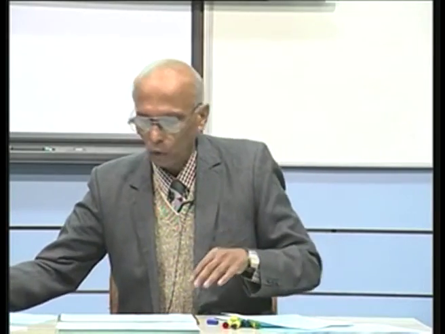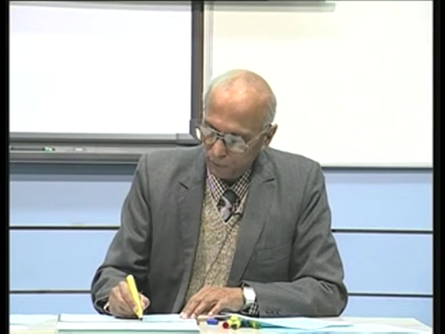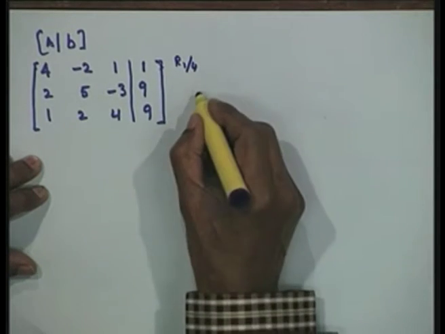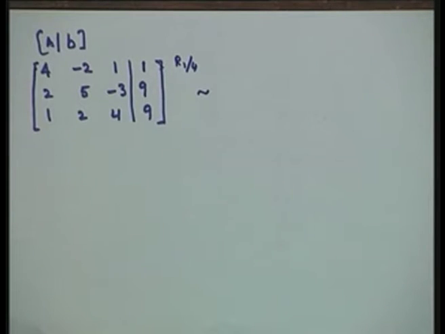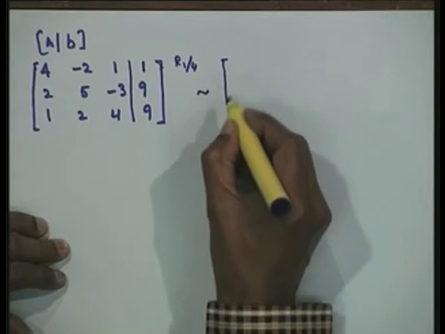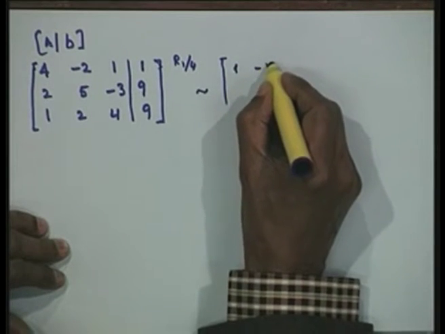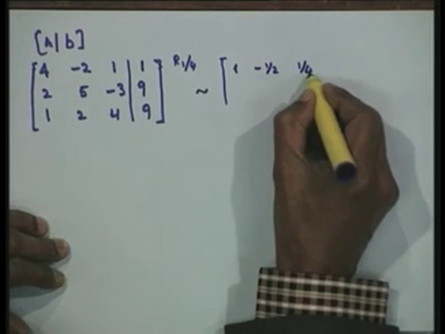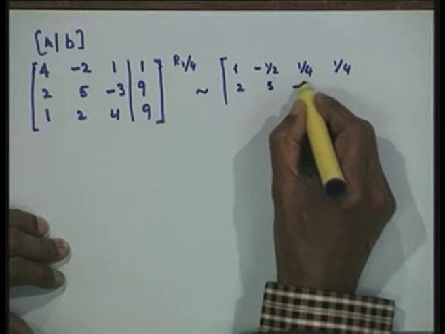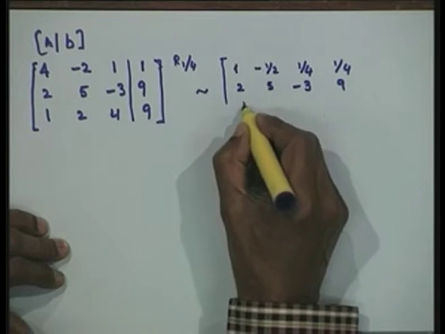Now, let us divide the first row by 4. So, I will perform the operation R1 by 4. Then I will use this notation to show that it is an equivalent system. So, what I would get as an equivalent system is 1 minus half, 1 by 4, 1 by 4. These elements stay as they are.